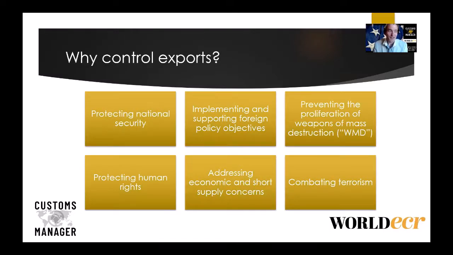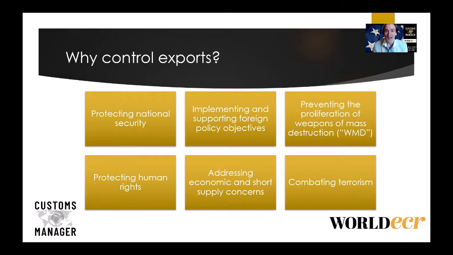But many people ask me to tell them a little bit about why export controls actually matter. And for what are we doing this? Are we controlling the export of certain items, software, and technology? Well, the reasons are on this slide. It's about protecting national security. It's about implementing and supporting foreign policy objectives, peace, preventing the proliferation of weapons of mass destruction.